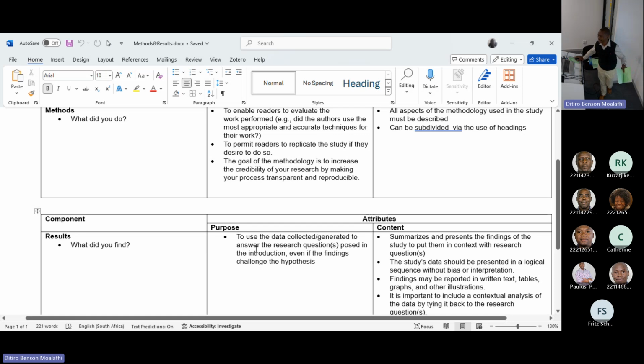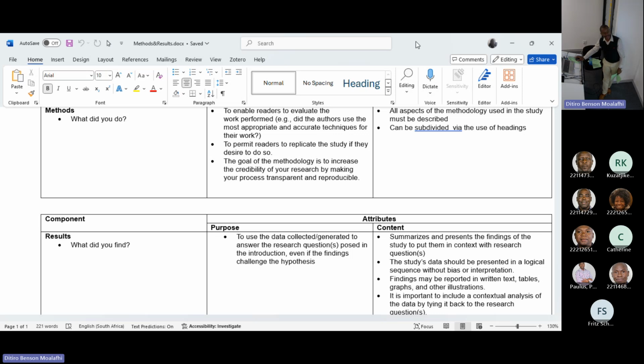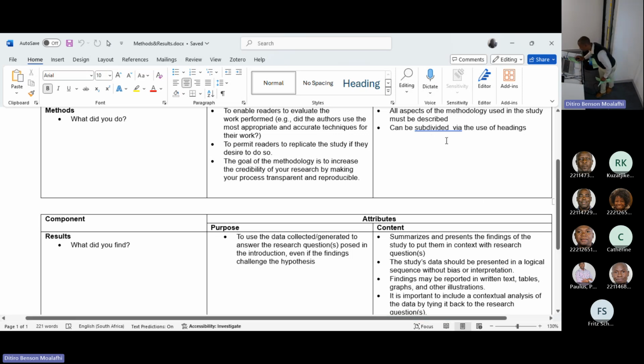Now here is packaging your research for a target audience, as per the individual journals that we have around. So the results are to use the data collected or generated to answer the research questions posed in the introduction.